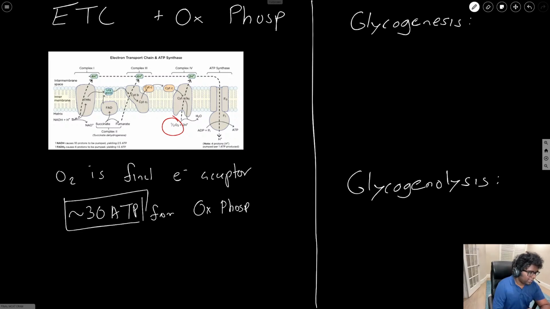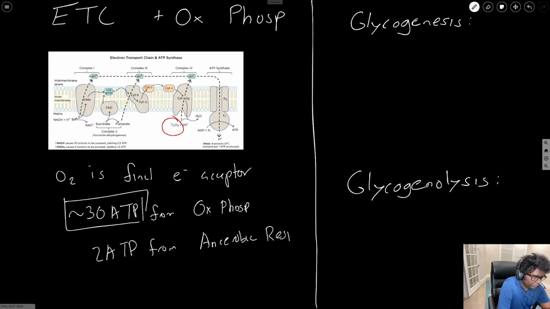I like to point that out, compared to the 2 ATP from anaerobic. There's a reason why aerobic respiration is highly preferred. I'll get into the lactate stuff later.